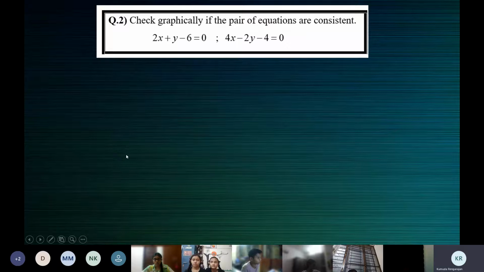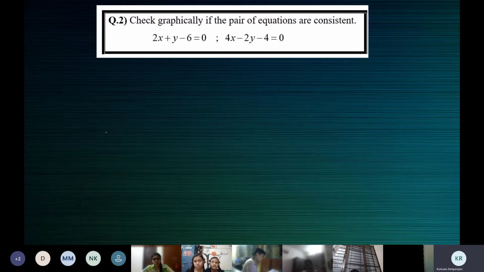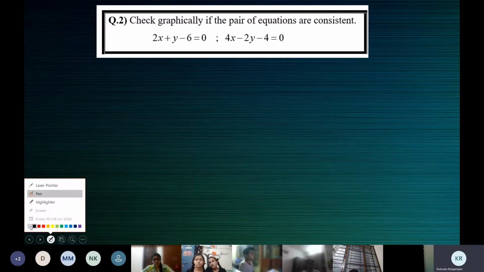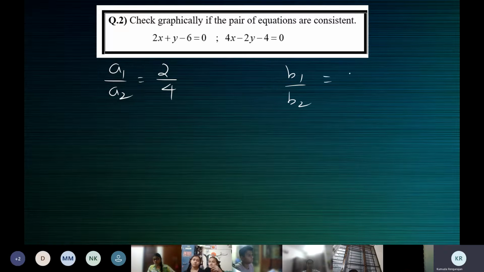All right, children, please understand what we're doing. Here it is checked graphically. If it was checked algebraically, our work is so easy. We should simply find A1 by A2. What is A1, 2? What is A2, 4? Then we find B1 by B2. What is B1, 1? What is B2, minus 2?